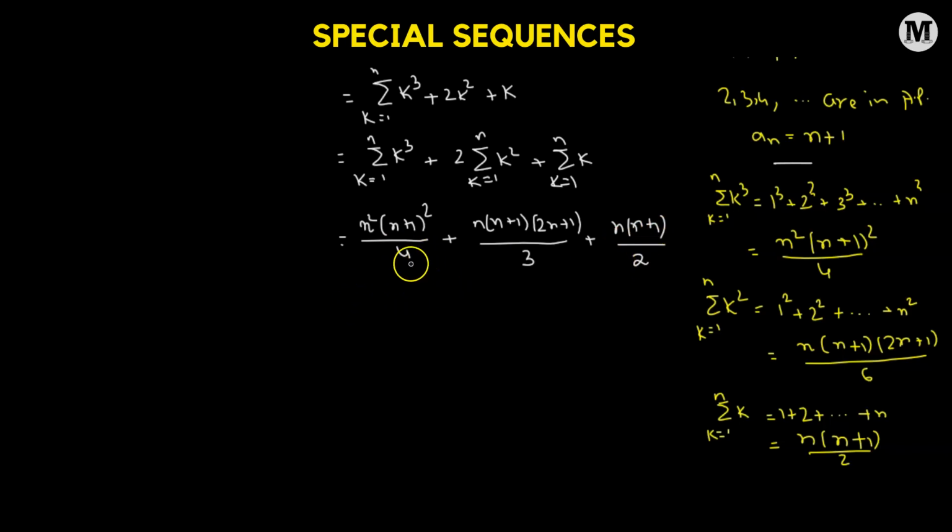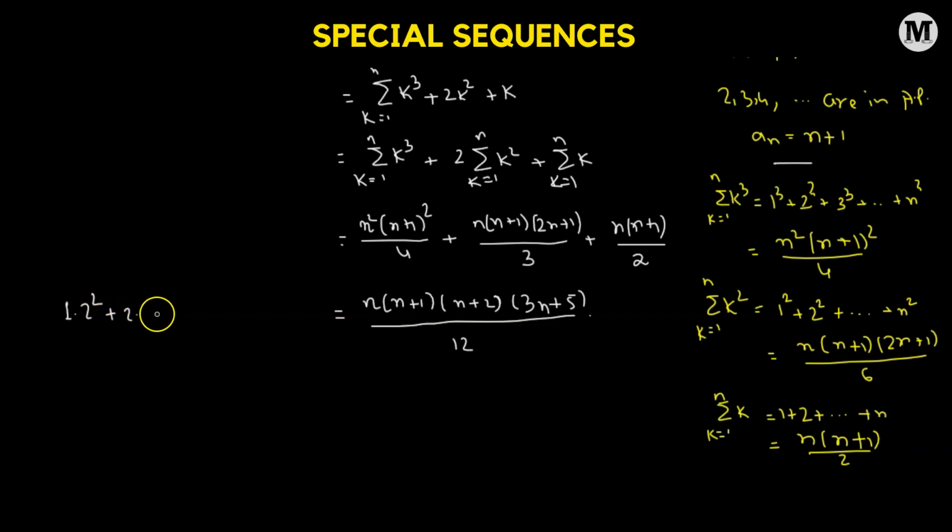I'm leaving the algebra part for you. That gives us the simplified form, which comes out to be equal to n times n plus 1 multiplied to n plus 2 times 3n plus 5 whole divided by 12. So this is going to be the sum of 1 multiplied to 2 squared added to 2 times 3 squared plus 3 times 4 squared all the way up to n number of terms.